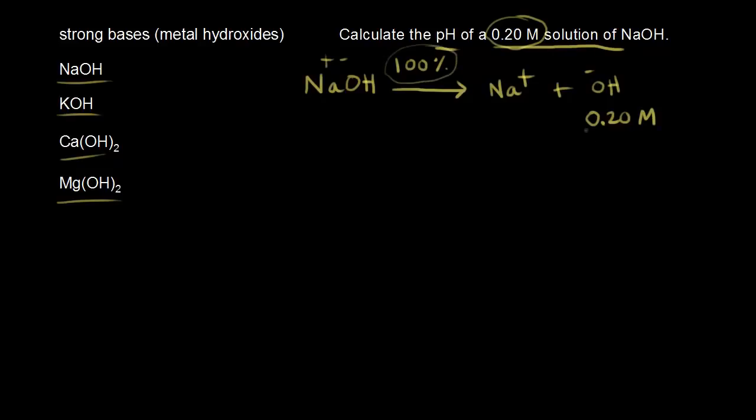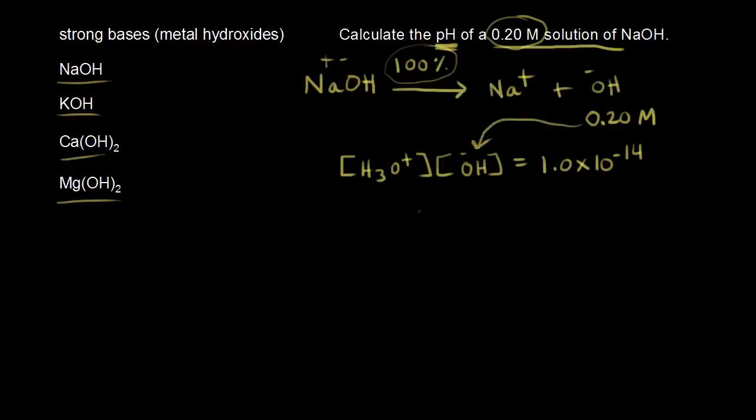So if the concentration of hydroxide ions is 0.2, we need to go for the pH. And so one way to solve this problem is to use this equation. The concentration of hydronium times the concentration of hydroxide is equal to 1.0 times 10 to the negative 14, from an earlier video.